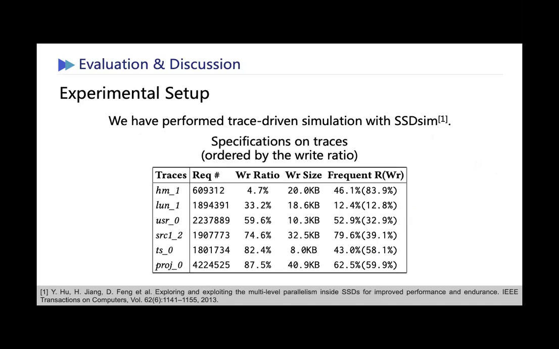To make a comprehensive evaluation of IQ block, we select 6 commonly used disk traces that are collected from different kinds of applications. Especially, LUN1 is recently collected from VDI, and the remaining 5 traces are selected from the block I/O trace collection of MSRC.